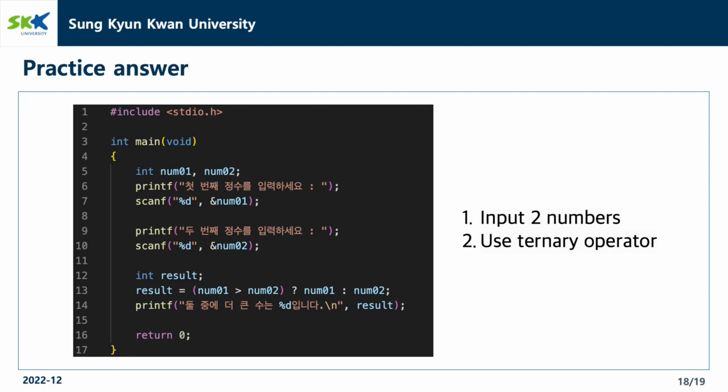Then, a result variable is declared to contain the larger integer between num01 and num02. And by using the ternary operator, if num01 is larger than num02, num01 is assigned to the result, otherwise num02 is assigned. And finally, if you print out the result, the example will be solved.